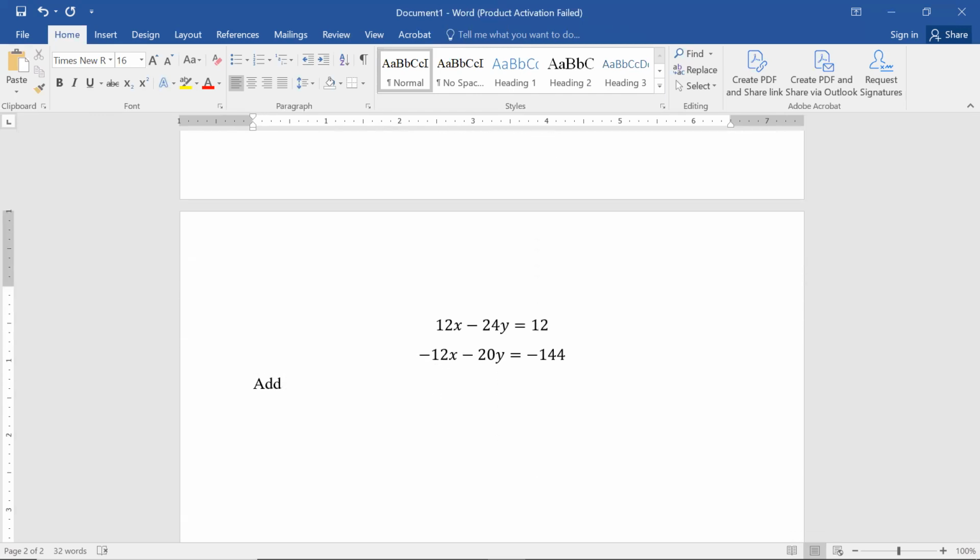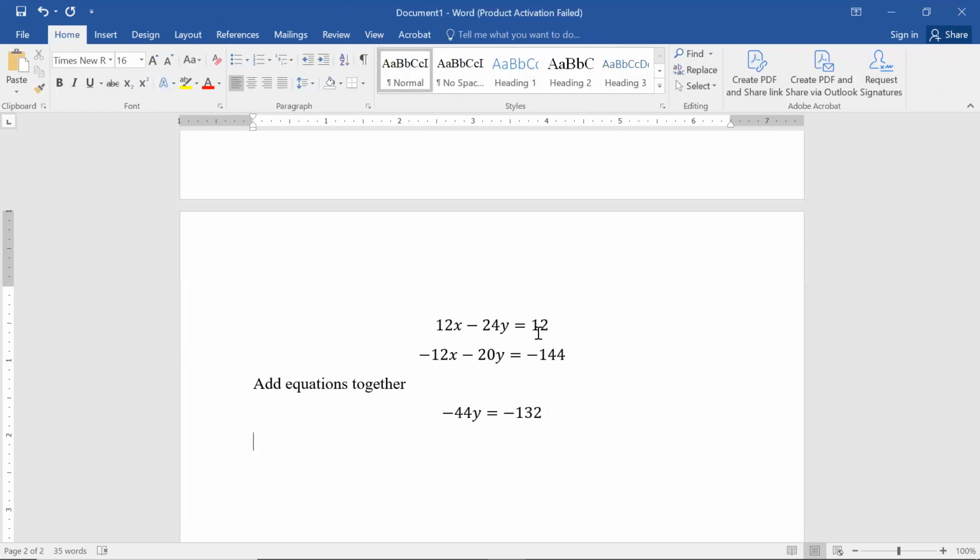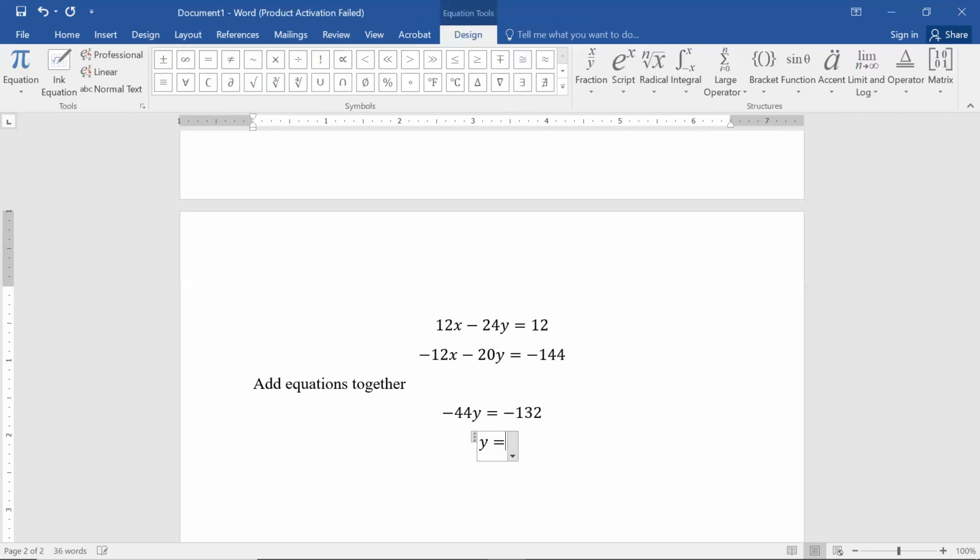Add these equations together. You'll end up with -44y is equal to -132. Divide both sides by a -44, and you end up with y equal to 3.